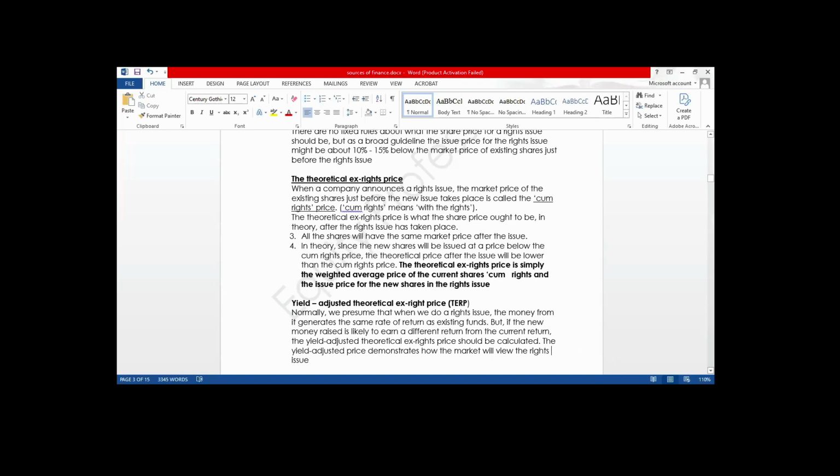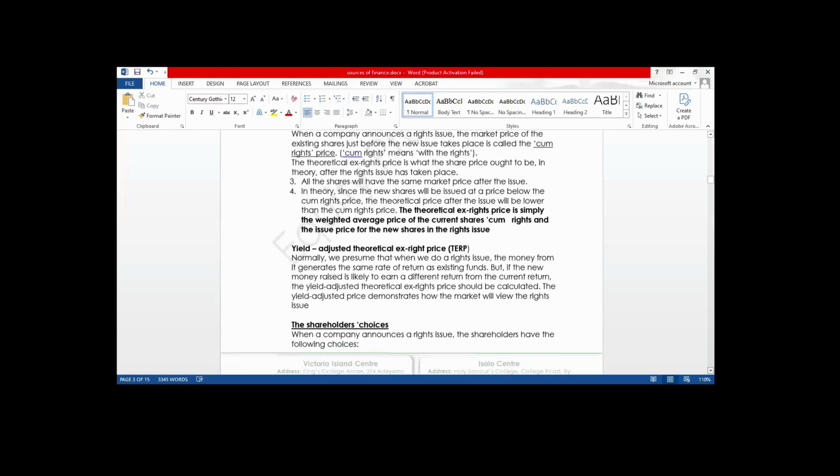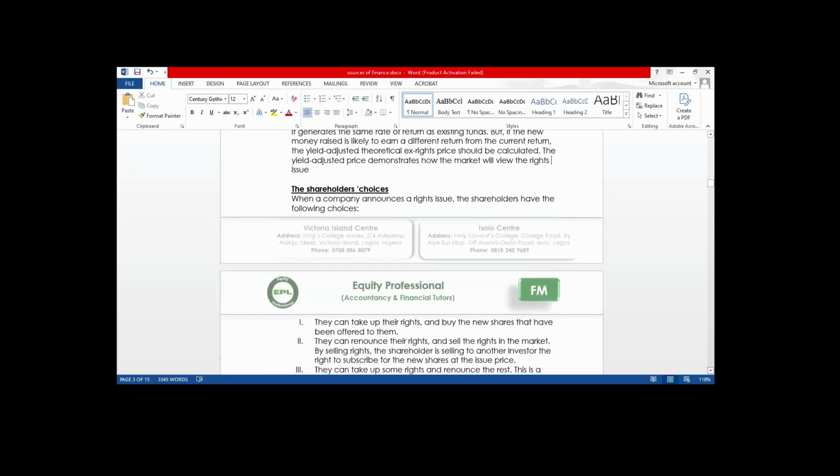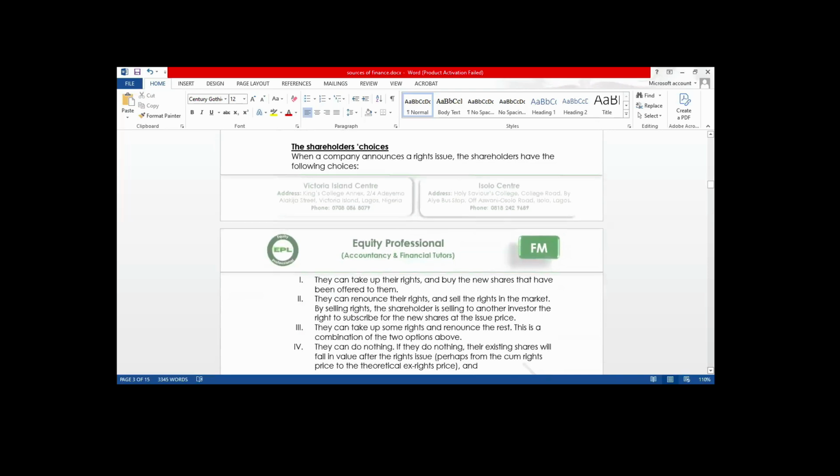In your exam, you are likely to have calculations coming from that angle.